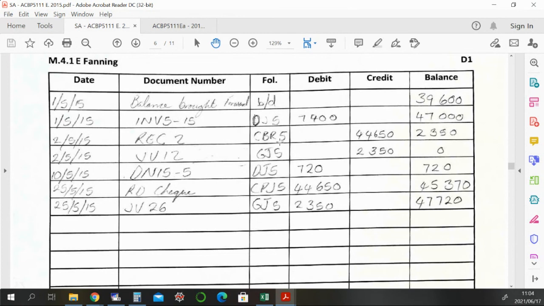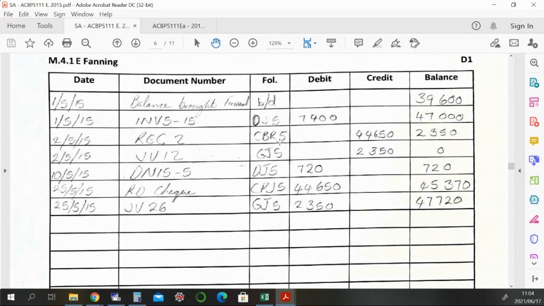Then we know we have to also reverse the discount, and that was journal voucher 26. This is also going to affect the general journal again. We plug in that, and that's how much they now owe. So, sorry, that's JV12 for the first discount. Where did you see that? JV12, I didn't see that they gave that entry on here.